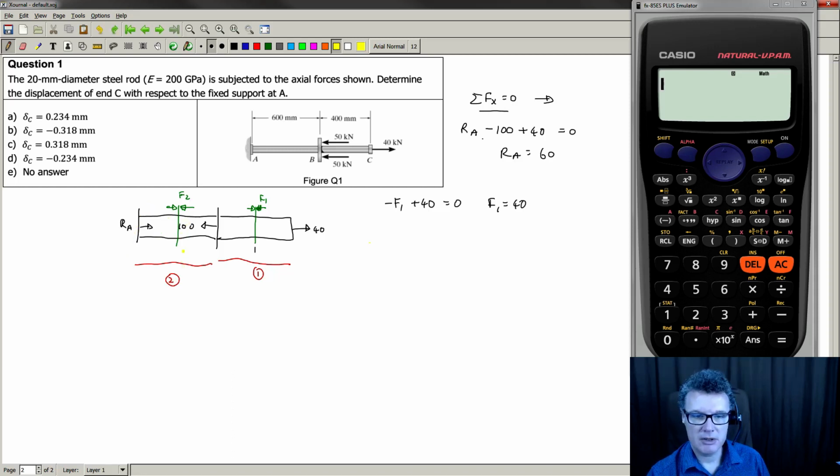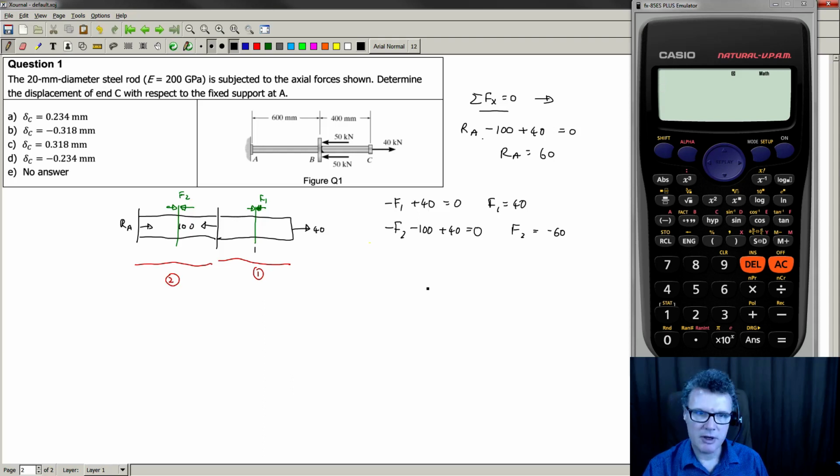So imagine now you're taking your cut at this F2 location, and therefore we can see the minus F2. Now we look right of our line, and we can see that we've got 100 going right to left, and we've got 40 going off in this direction, left to right, and that equals 0. So let's rearrange that. F2, I make that to be minus 60. I'm being a bit liberal with my units, I'm working in kilonewtons.